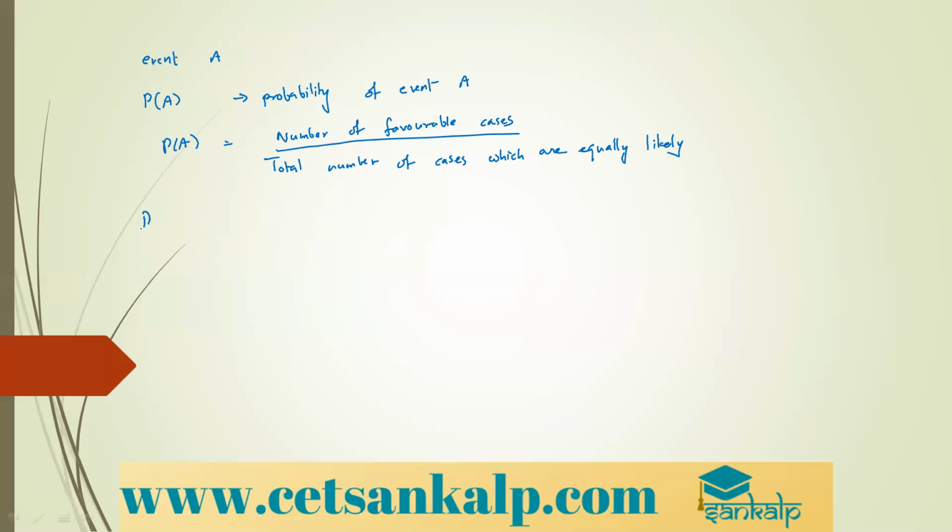For example, when a die is thrown, the sample space is 1, 2, 3, 4, 5, 6. So the total number of equally likely cases is 6.